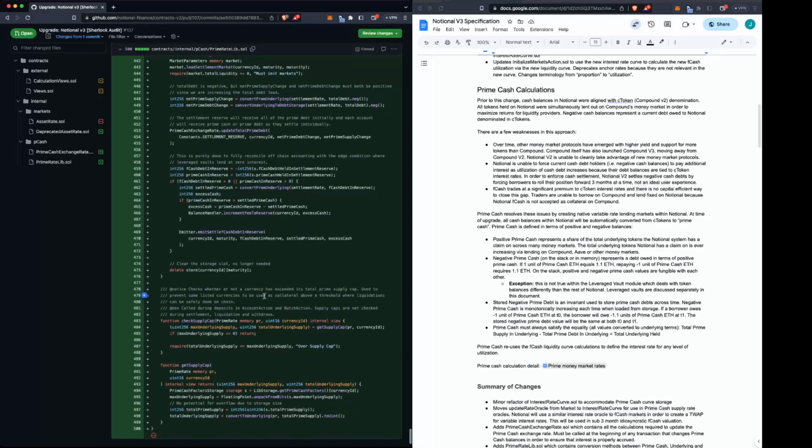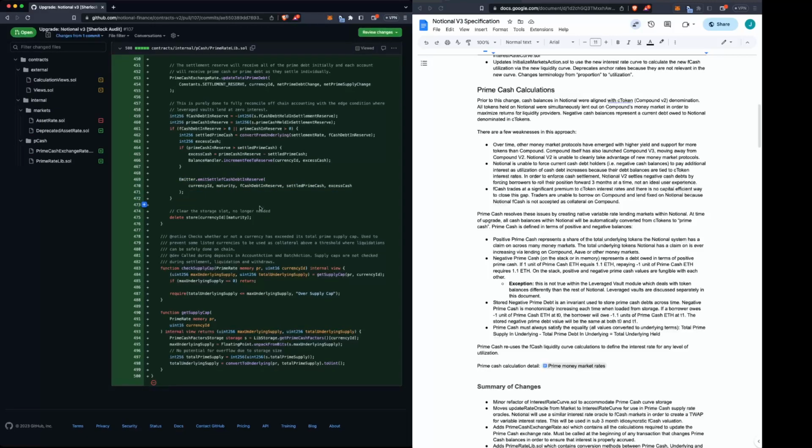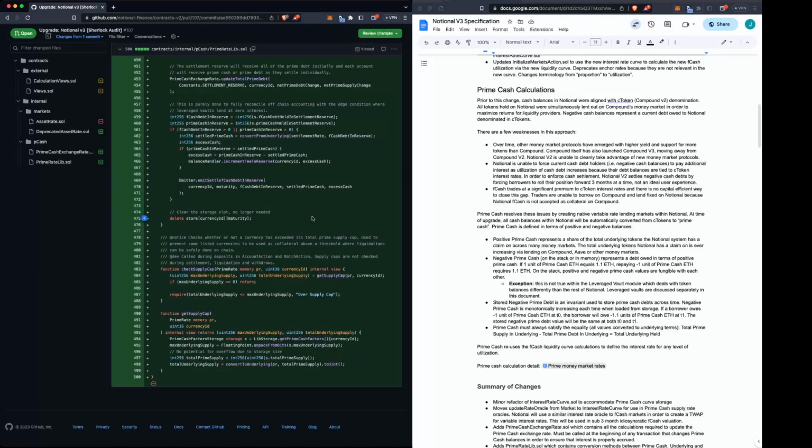So I think it'll be a quite welcome change and make off-chain analytics a lot better. You'll see these emitter calls throughout the code base, and it's an important update for us, even though it's not functional on chain.